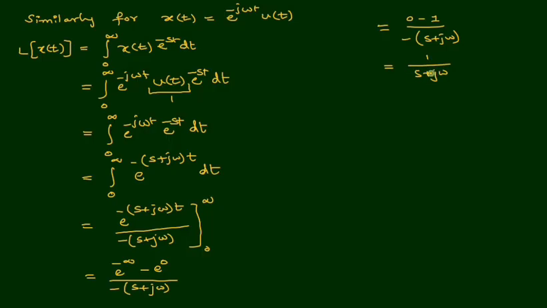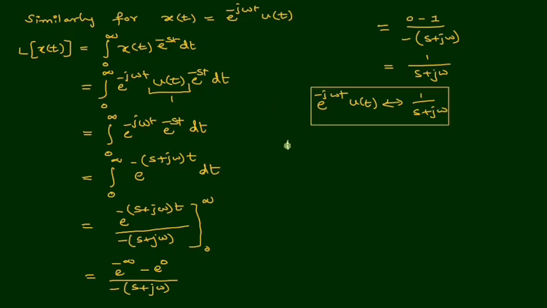This is the Laplace transform for the complex exponential signal e power minus j omega t. So we write e power minus j omega t u of t Laplace transform is 1 by s plus j omega.